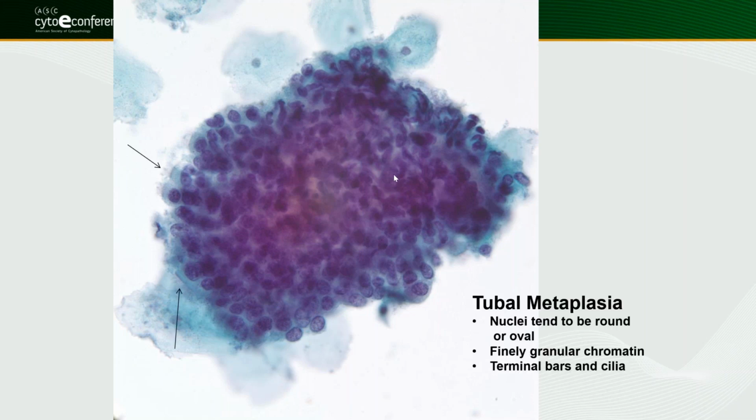So this is the tubal metaplasia compared to atypical endocervical cells, NOS category. The nuclei tend to be more round than oval, so it's not really that elongated, but it can be very hyperchromatic like this one, and you can definitely see some elongated cells in some examples. And so the important thing is to identify the terminal bar and the cilia.